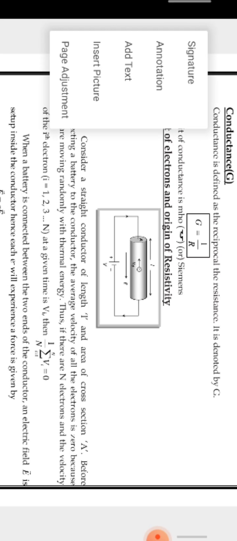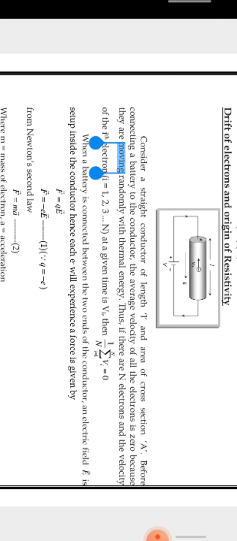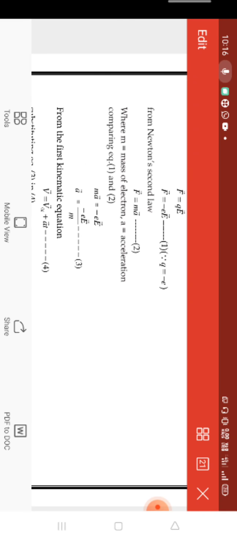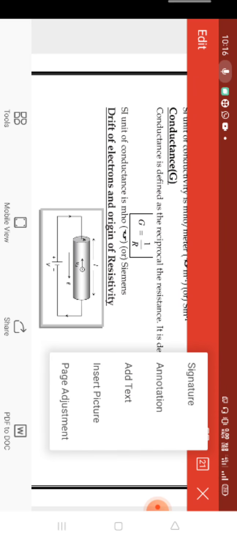Next, drift of electrons and the origin of resistivity. Here we have to derive the expression for drift velocity. Here you are observing a conductor.